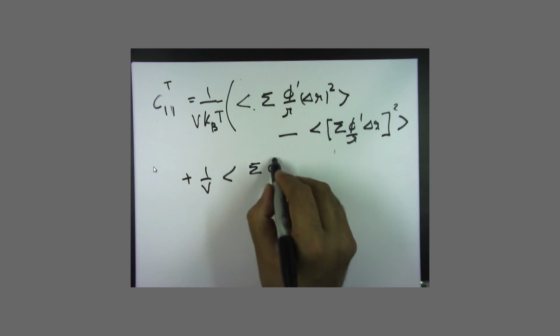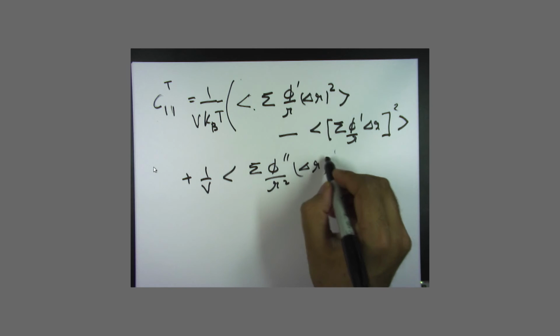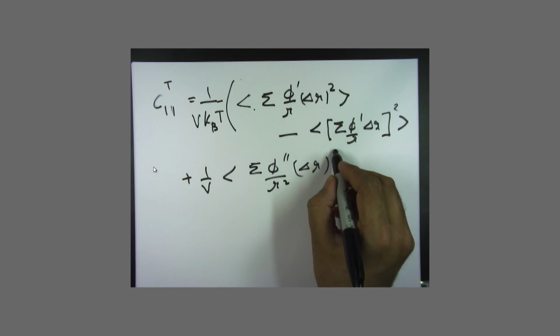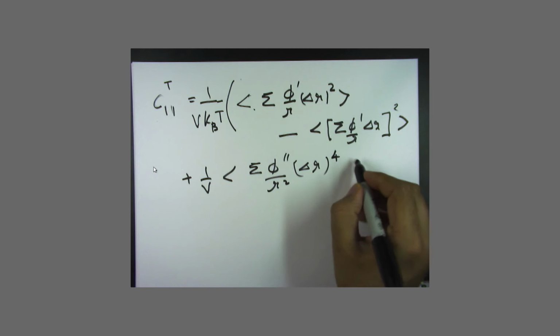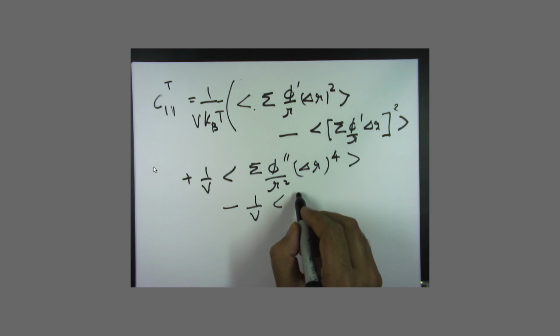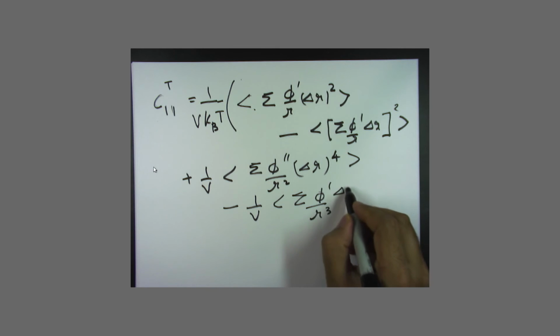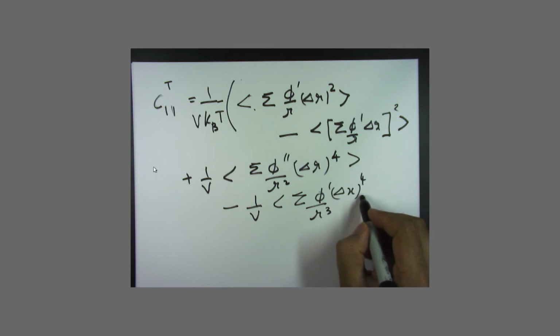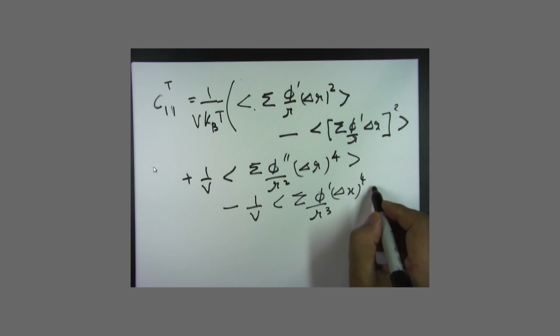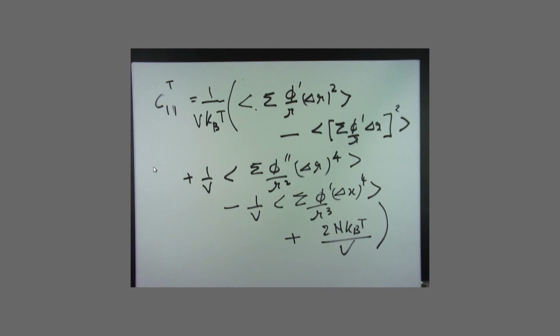So, this is like an expansion, phi double dash R over R square delta R, which is the deformation term only in the x direction, minus 1 over V, we now look at the summation of phi dash R cube delta x R 4, plus we have to add 2 n k_B T over V, that is essentially the term looking at the whole thermodynamic energy term here.